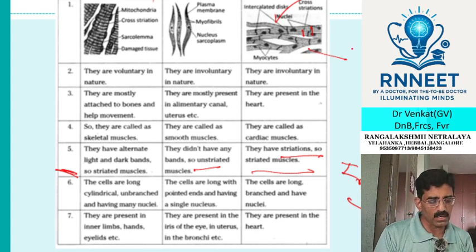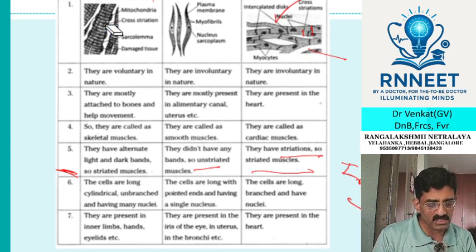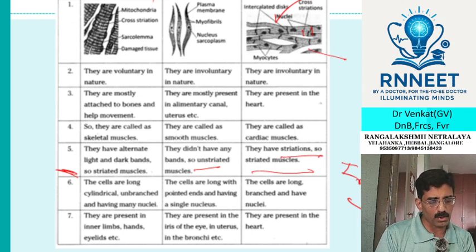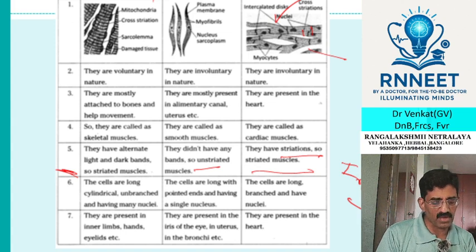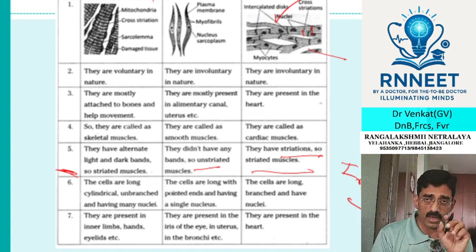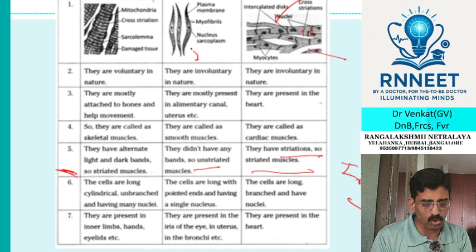Okay, and the cells of these are long. In the skeletal muscles they are long and cylindrical, typically unbranched and having many nuclei. Each of those cells has many nuclei, and they continue to be very long, cylindrical. If you look at the smooth muscle, they are spindle shaped.